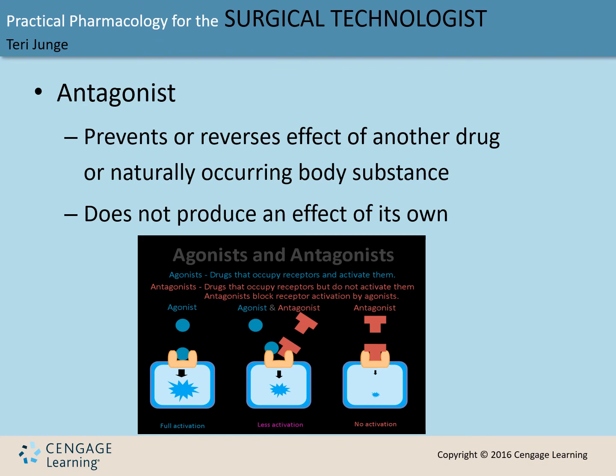The only difference is competitive antagonism is surmountable. Remember, it can be overcome with high doses of the initial drug. With irreversible antagonism, the effect is permanent. So again, we refer to that as insurmountable.